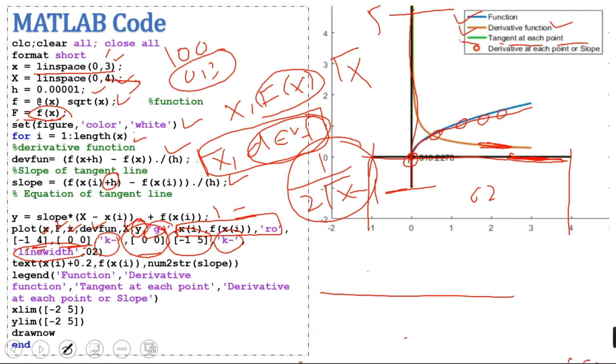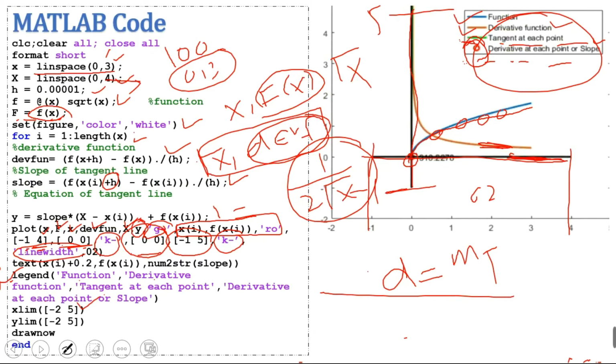This red circle indicates the derivative at each point, or the slope of the tangent line at each point, because we know that the derivative is equal to the slope of the tangent line. The legend command is used to define the function, derivative function, and tangent at each point, and this is our legend command. So this is the x limit.